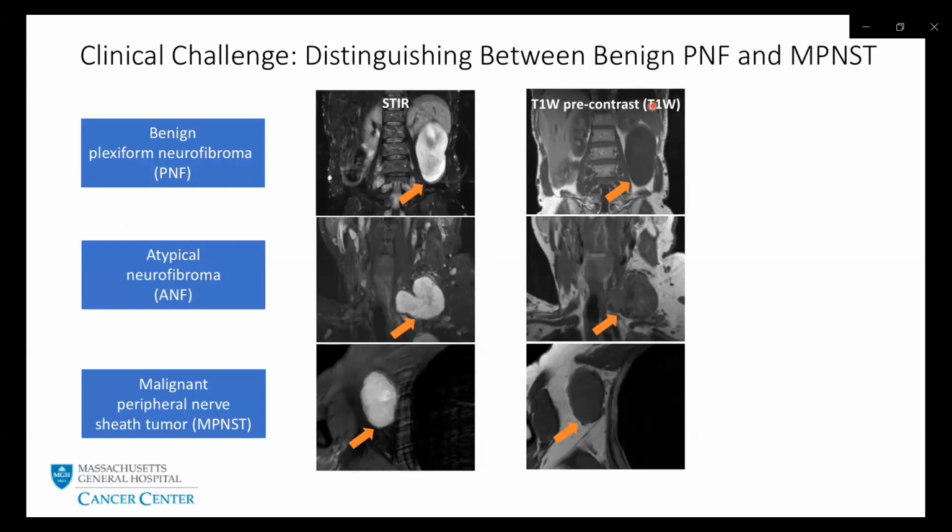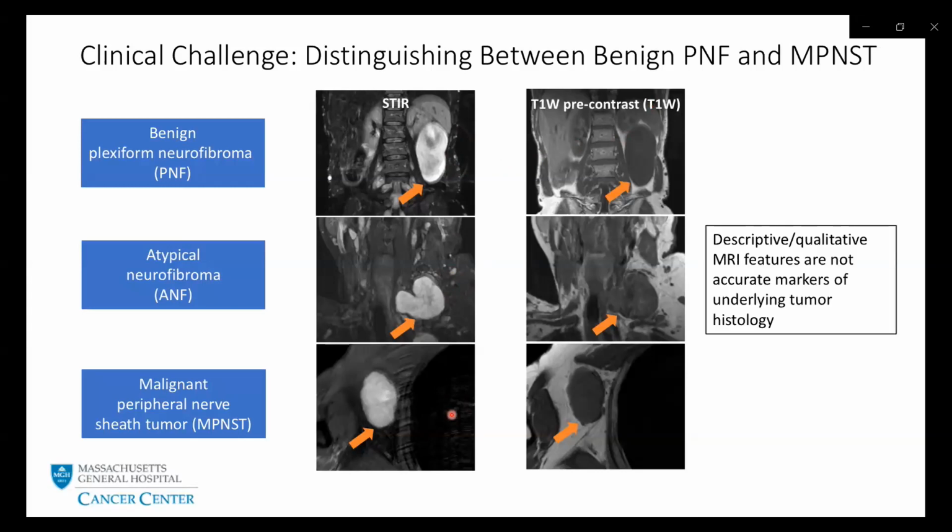For instance, a tumor that has irregular borders or a mixed or heterogeneous contrast pattern typically raises concern for a malignant tumor. However, you can see from these images that there is significant overlap between benign, atypical, and malignant tumors. So current descriptive MRI features are not accurate markers of underlying tumor histology.